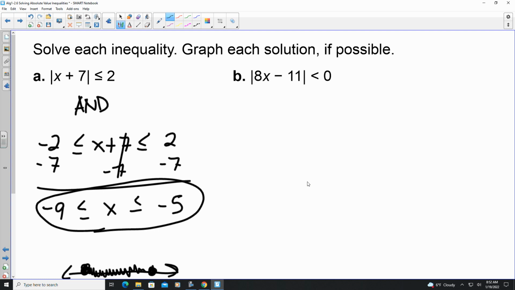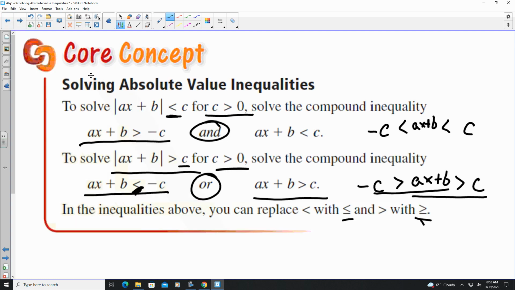For B, I have absolute value of 8x minus 11 is less than 0, okay? So here's the situation. If you recall, the stipulation was that C must be greater than 0. It doesn't say anything about equal to.